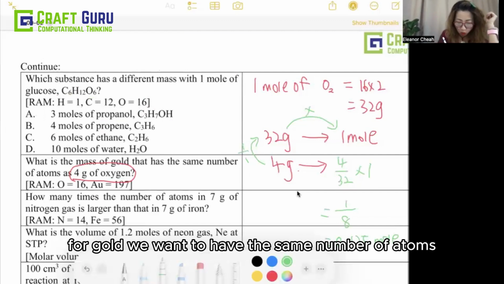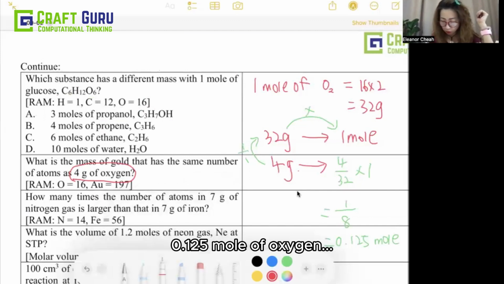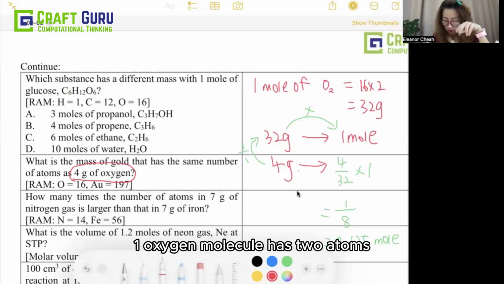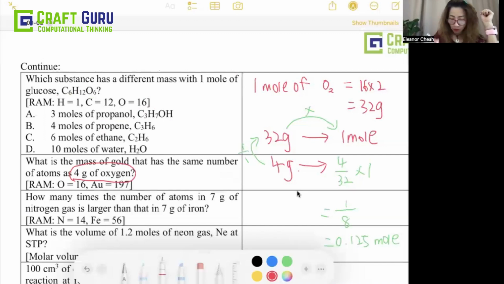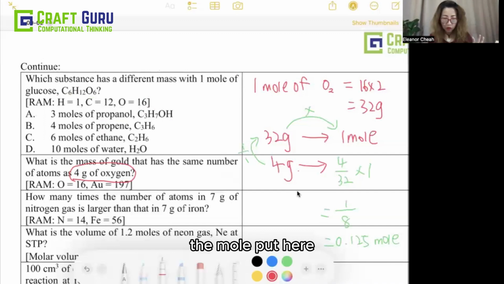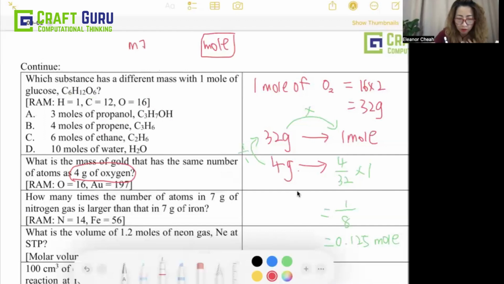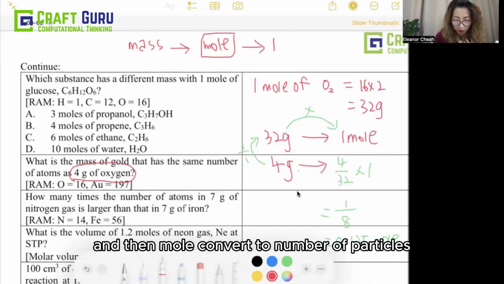For gold, we want to have the same number of atoms. So 0.125 mole of oxygen has molecules, and each molecule has 2 atoms. So we have to find the number of atoms. After we convert from mass to mole, we then convert mole to number of particles.